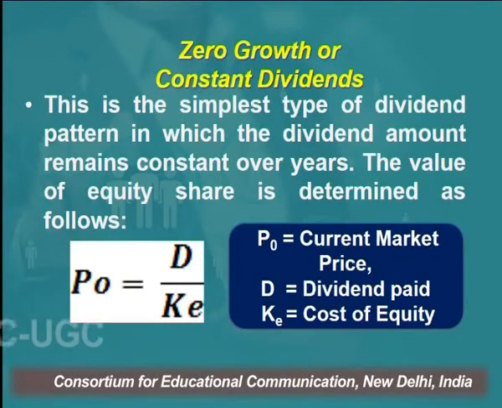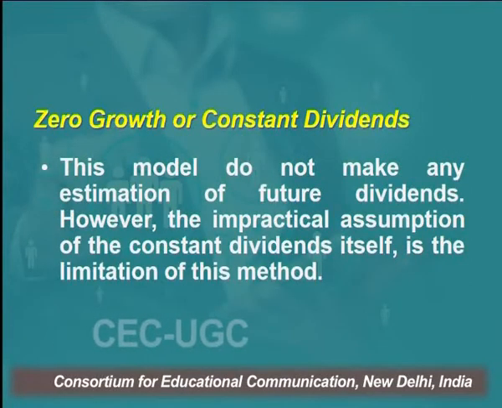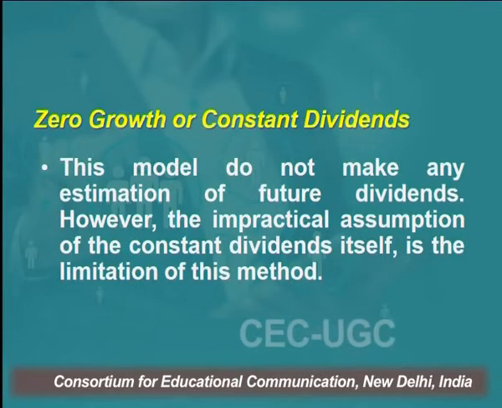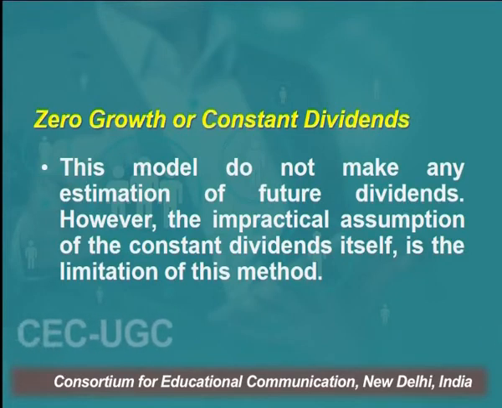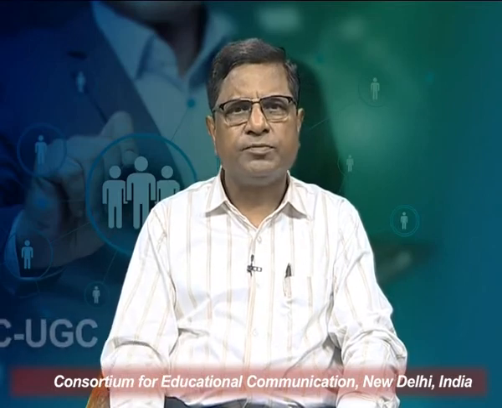This is the simplest method, right? This model does not make any estimation of future dividends. However, the impractical assumption of the constant dividend itself is the limitation of this method. Not making any estimation of future dividends means we are presuming that the dividend will remain fixed. It will not keep on changing.